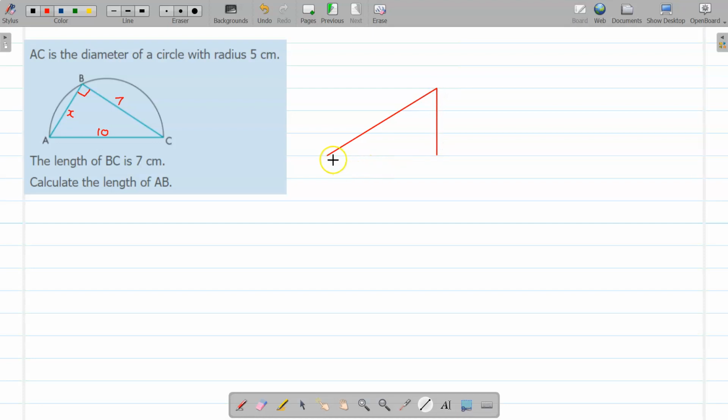We've got a height of X. We've got a base of 7. That's our right angle. That's 10. And this is X. We can now see that we can use Pythagoras' theorem, because if we know a short side and the hypotenuse, the long side, then x squared is 10 squared minus 7 squared.